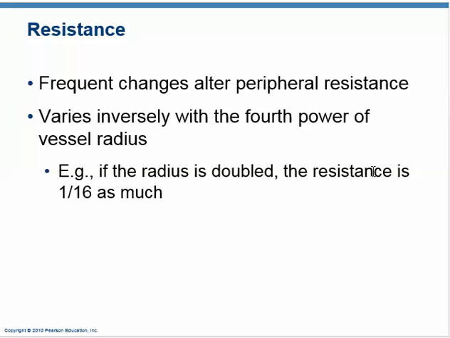I personally, when I had my house built, had them upgrade from 1/2-inch to 3/4-inch diameter pipes, which is 1.5 times the diameter. So resistance is 5 times less in the plumbing in my house, which means that I have 5 times more flow of water available to the various things that take water.